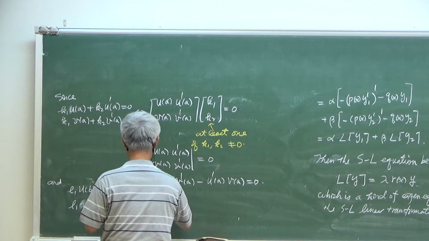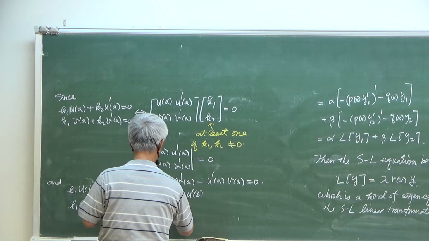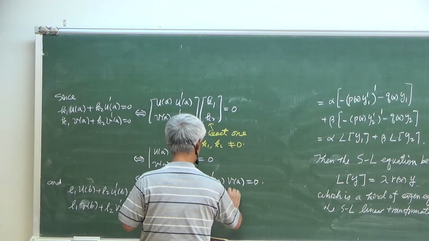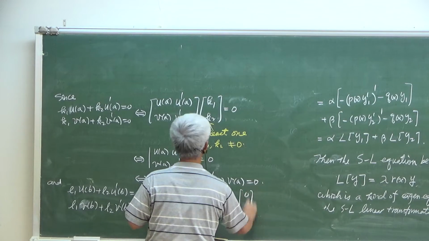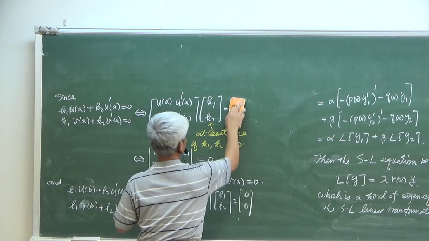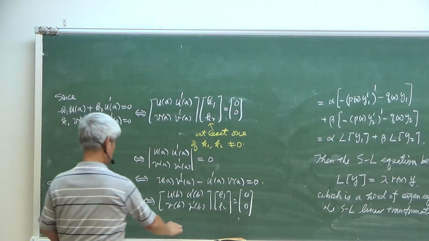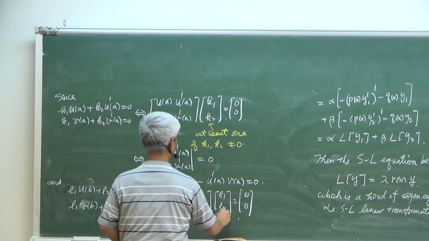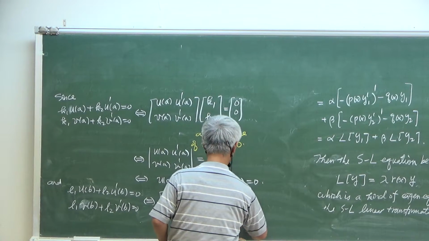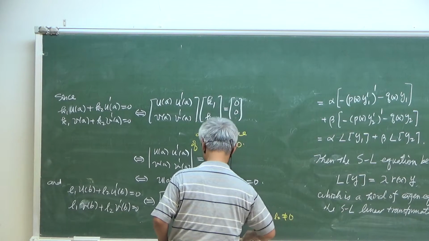This holds only if the determinant of U B, U prime B, V B, V prime B with L1, L2 equal to 0. We know that at least one of L1, L2 is not equal to 0.